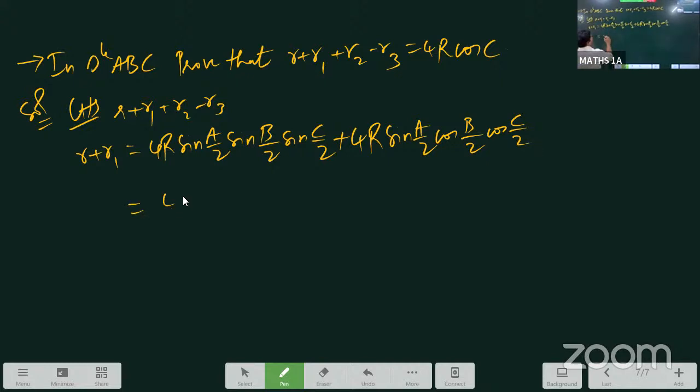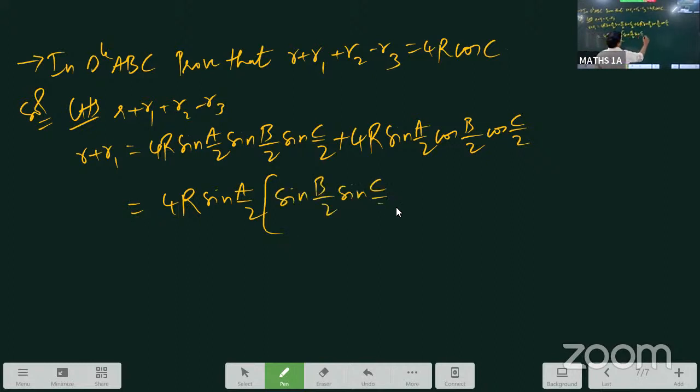That is 4R sin A by 2, I'm going to take common. Then what is left out? Sin B by 2, sin C by 2 plus cos B by 2, cos C by 2. How does it look?